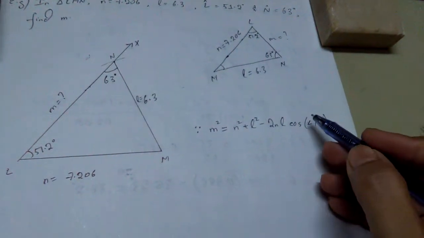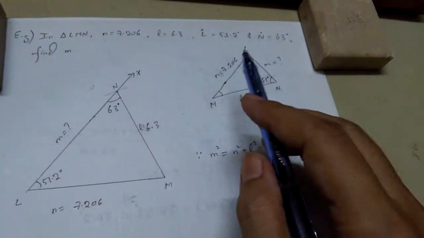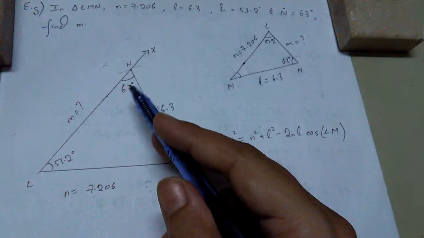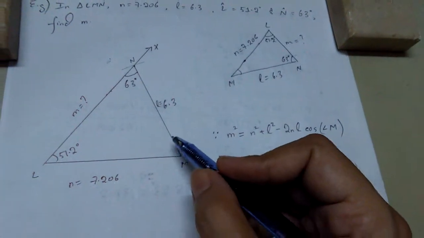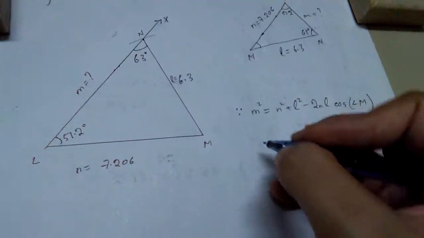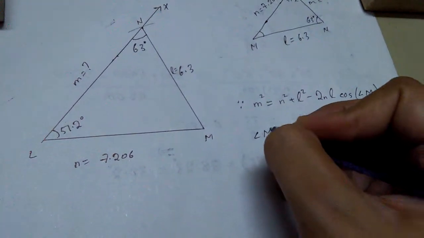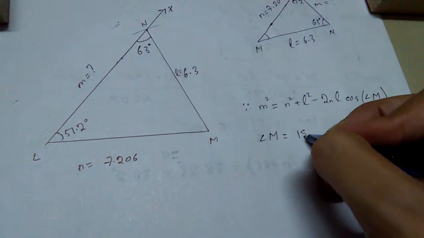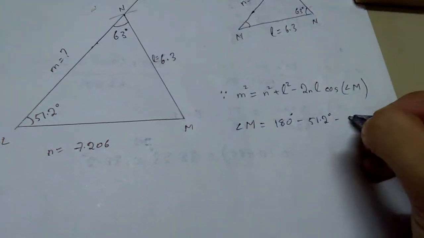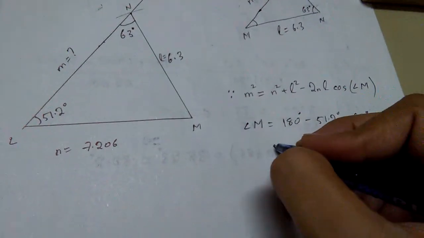So over here you see angle M is required, and in the question M is not given, but the two angles are given, so we can easily find out the value of the third angle by subtracting these two from 180. So we'll get angle M within no time. So let us find out our angle M by subtracting the given two angles from 180.